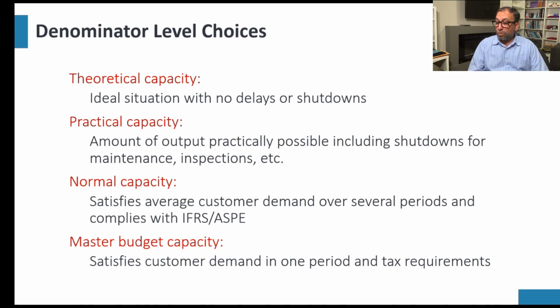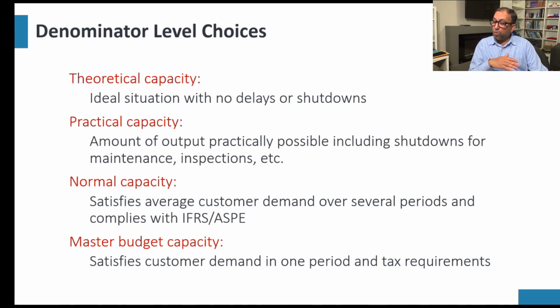Normal capacity satisfies average customer demand over several periods and complies with International Financial Reporting Standards or Accounting Standards for Private Enterprises, ASPE, right? So theoretical is very different, practical is different.